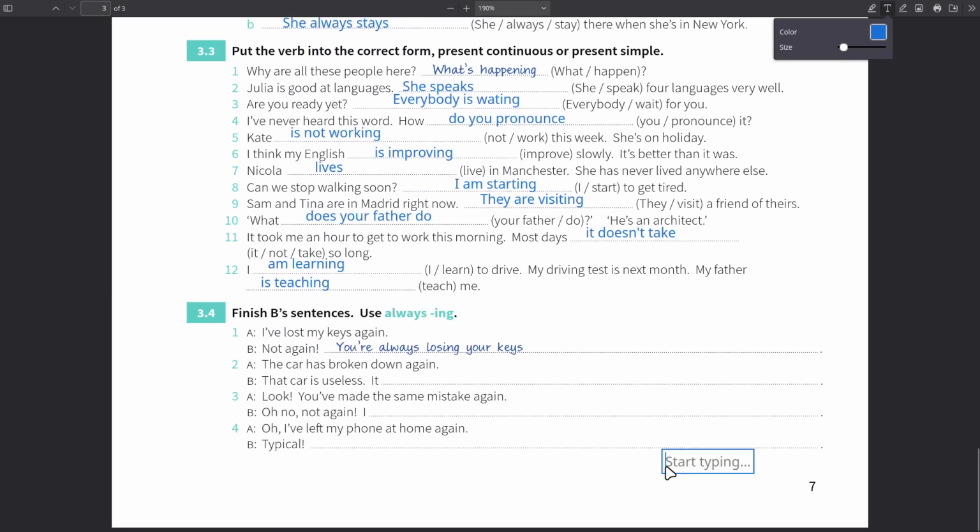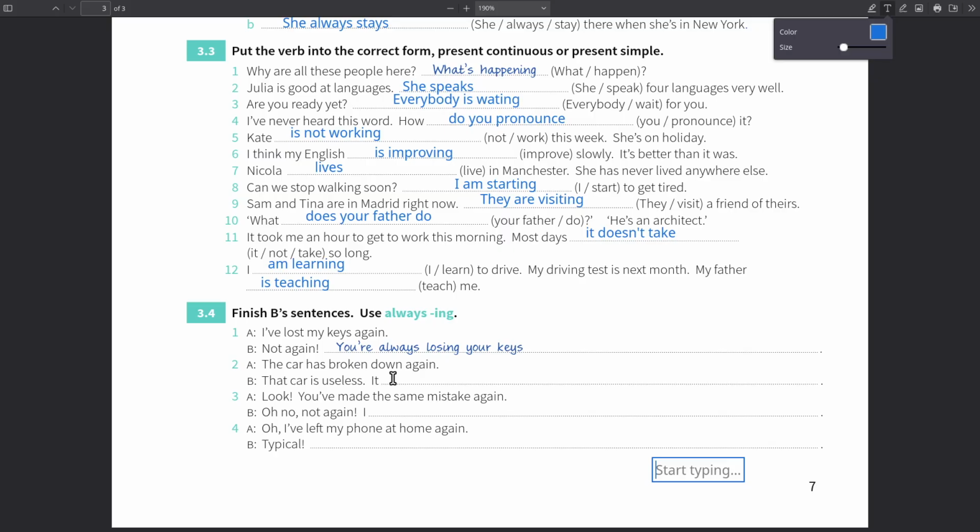Finally, the last section. Finish the sentences. Use always plus ing. In this section we are talking about a situation or action that happens more than normal. The car has broken down again.